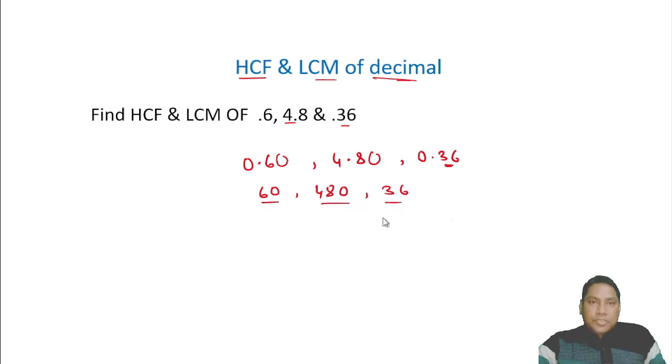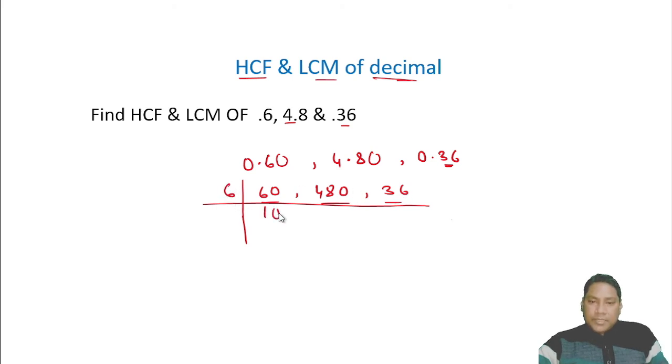We know the procedure to take out the HCF and LCM of numbers. Now we'll write like this and divide by any number which divides all three of them. If we look here, 60 is divisible by 6, and 480 also, and 36 also. We'll write 6 directly.